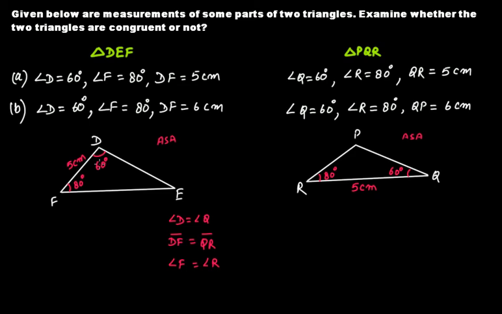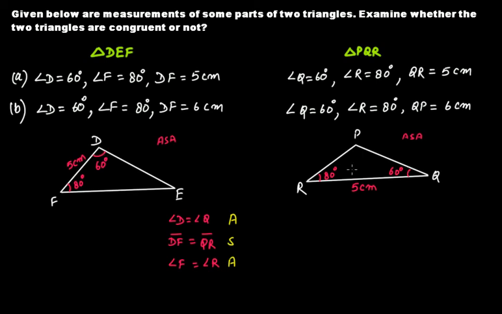Now we have one pair of angles equal, then we have one pair of sides equal, and it's really very important to note that the pair of sides that is equal is actually the including side of these two angles. And then we have another pair of angles equal, that is angle F is equal to angle R. Therefore angle, side, that is the including side, it's really very important, and then again angle, ASA is being satisfied.